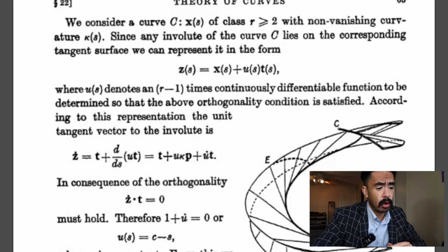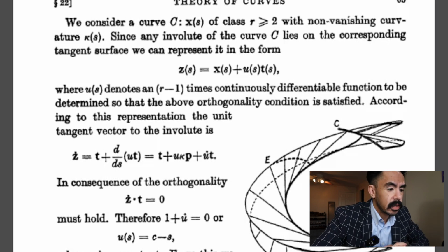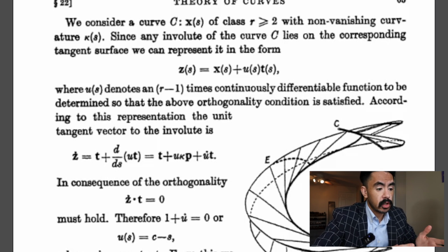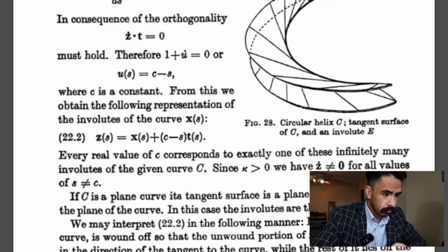In consequence of the orthogonality, z dot scalar product with the vector t is equal to 0. So in consequence of the orthogonality, that must hold.